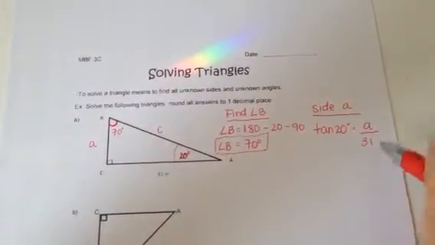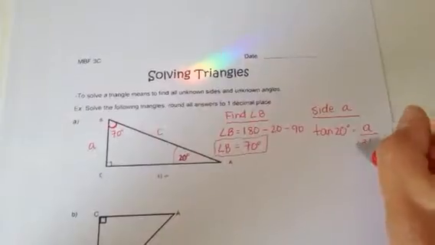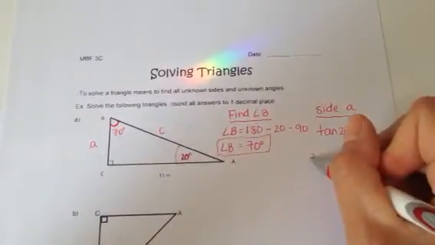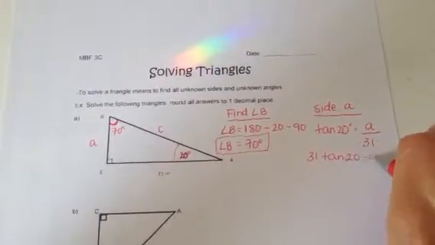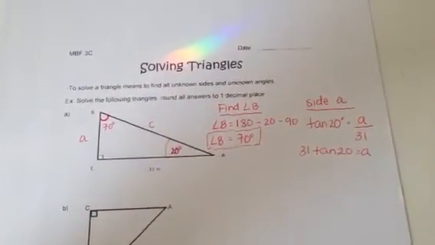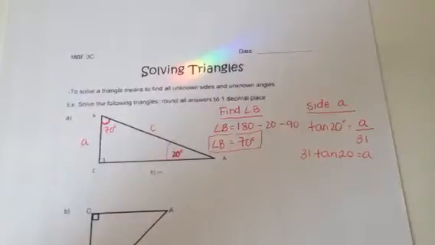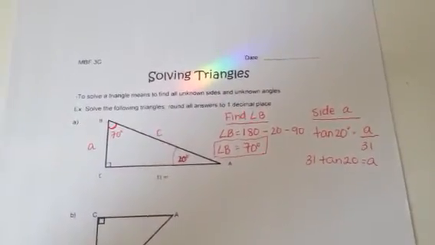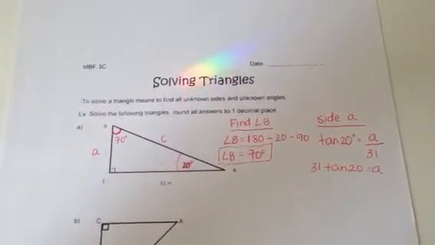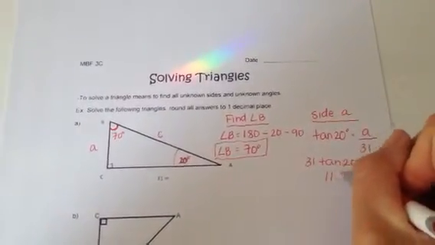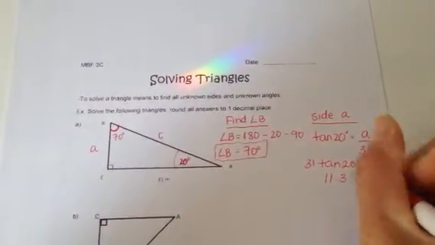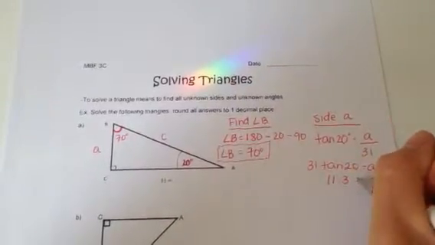We're going to solve for A, so bringing the 31 over to the other side, we're going to multiply it. So 31 times tan 20 will give us A. Plugging that into your calculator, 31 times tan 20 gives us about 11.3, and that is in meters.